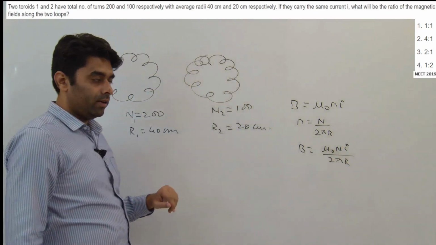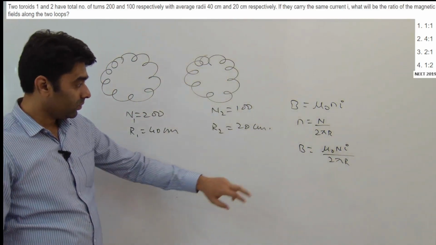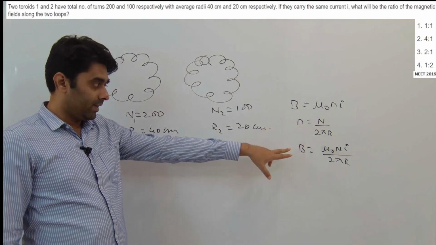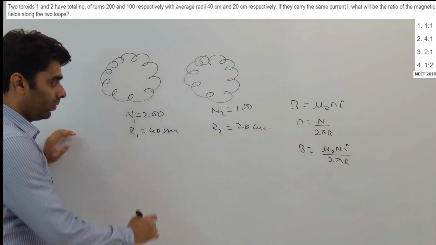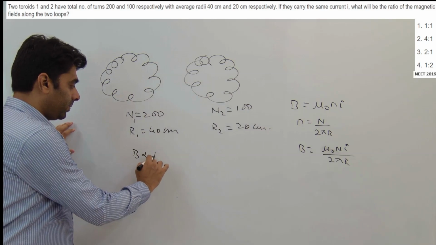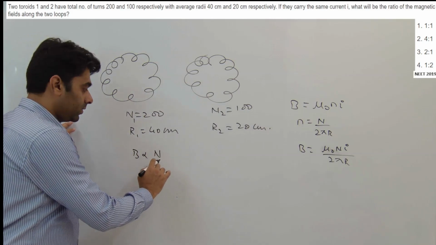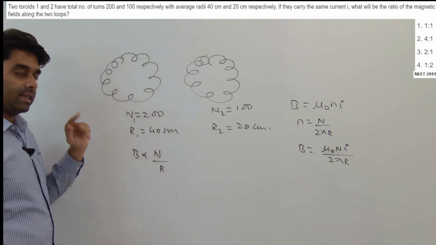Now, if you notice carefully, in both of them the current is the same. So we can write that magnetic field will be proportional to total turns by radius. They are asking us the ratio.